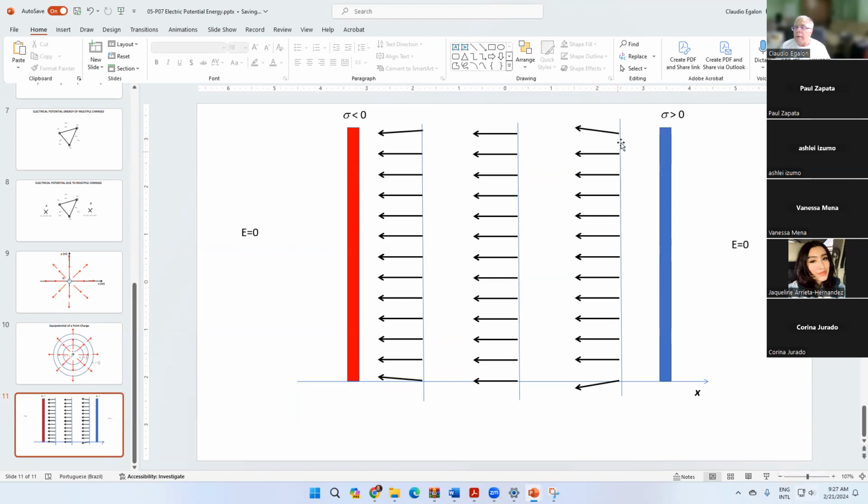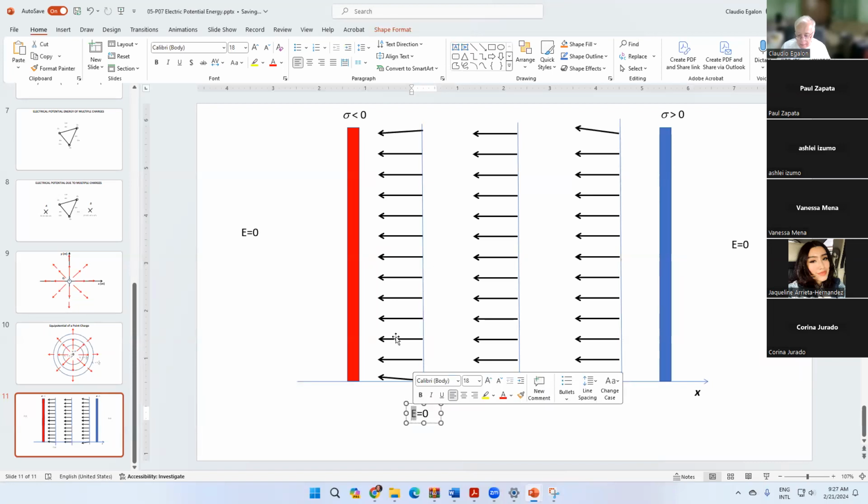And again, the electric field lines are going to be perpendicular, normal to this equipotential. And I'm going to put another one here. This one I'll call equipotential V1.